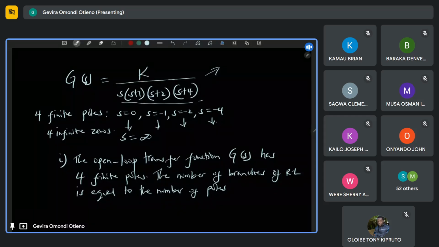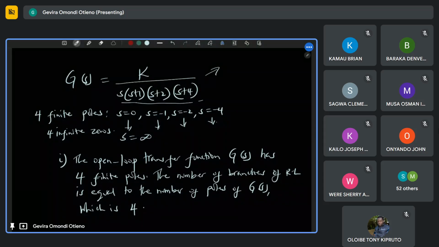In this case, because it's a unity feedback system, you can say it's equal to the number of poles of G of S, which is 4. Okay, that is the solution to that part.